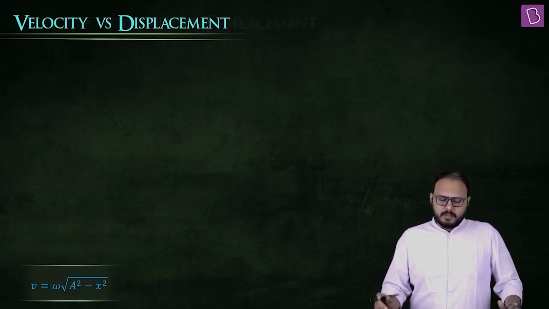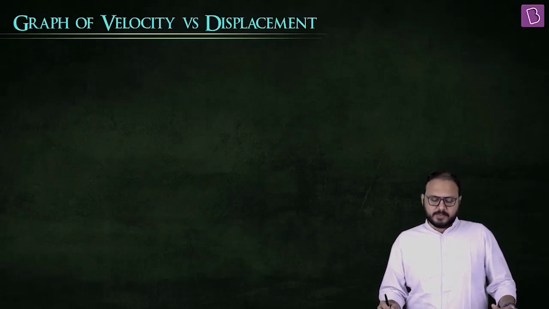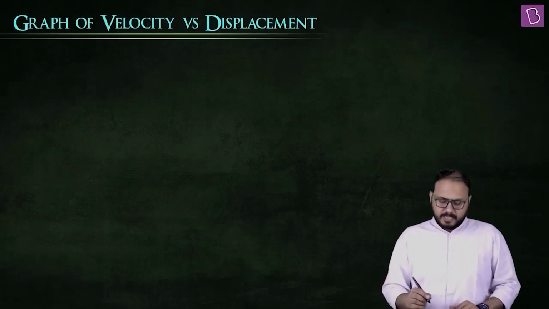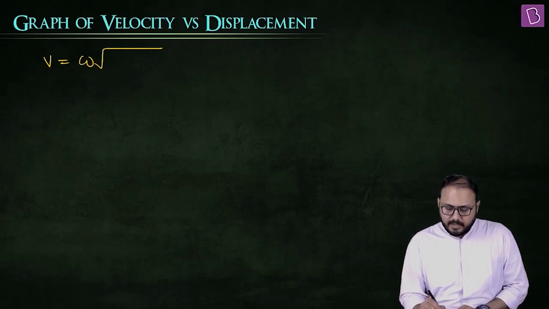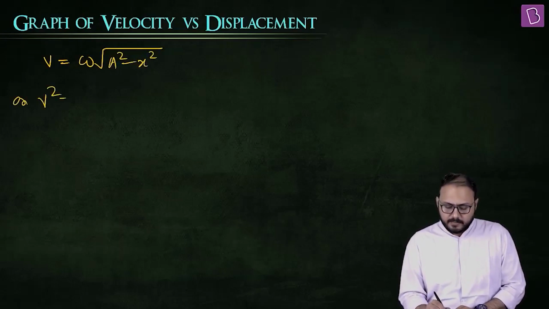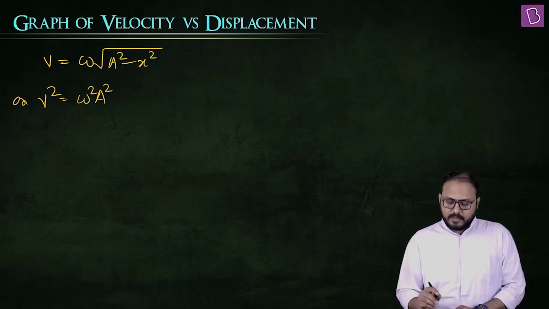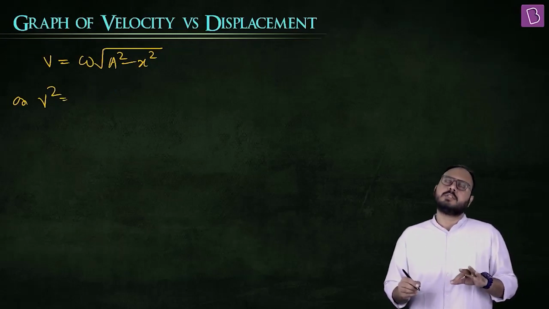Right? So they actually ask you sometimes, how do you draw the graph of velocity and displacement? So you'll simply start with, can I convert this? V is equal to omega under root a square minus x square. If you draw the graph of velocity and displacement, what will it look like? Omega square a square, no, let's do something else. x square.